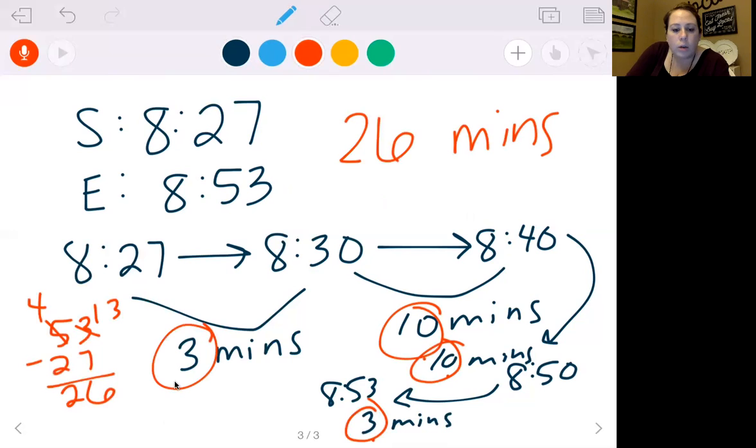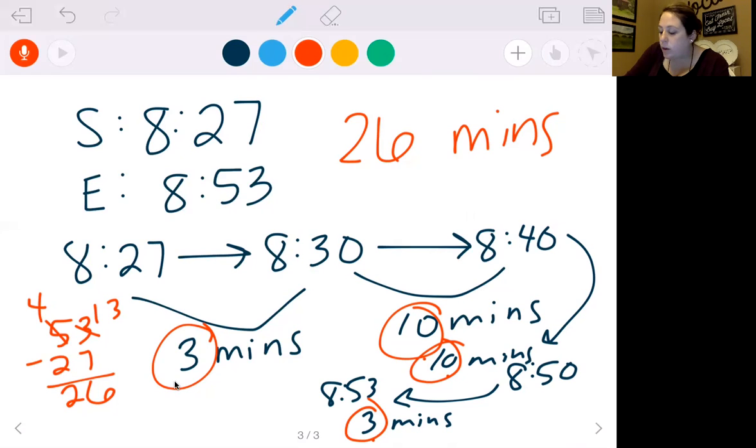Let's do a harder one. And then I think we might move on after this one. So let's do a start at 11:09 and an end at 1:43. So 11:09. Best way to start this is by hours.